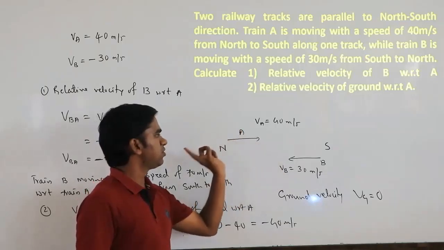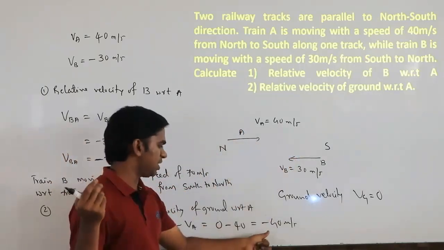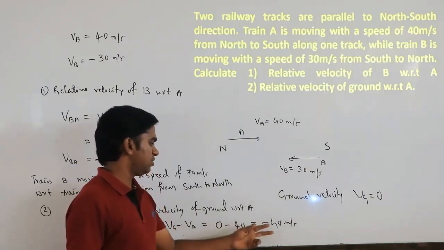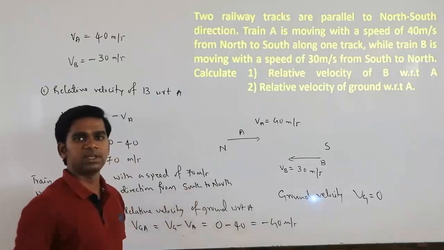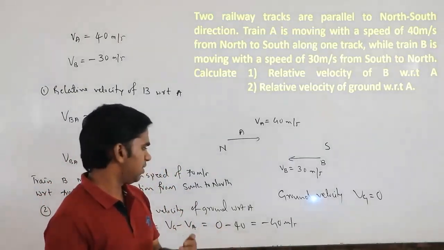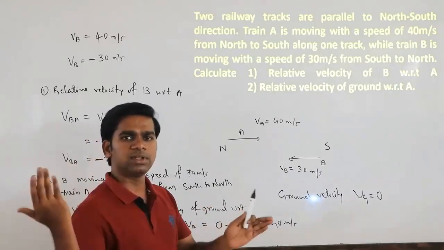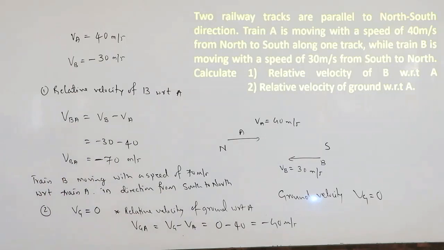If A is moving from north to south, ground moves from south to north. That is the meaning of the negative sign. When you move in a vehicle, the ground looks like moving in the opposite direction. So this is the first question.